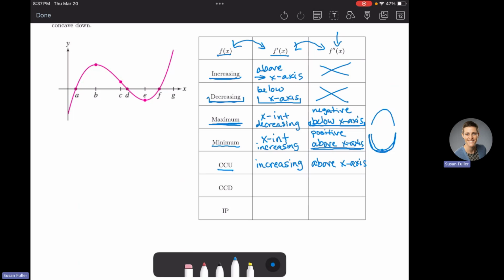And if I'm concave down like I was up here, I know that my second derivative is going to be negative and below the x-axis, and my slopes, f prime, are going to be decreasing.